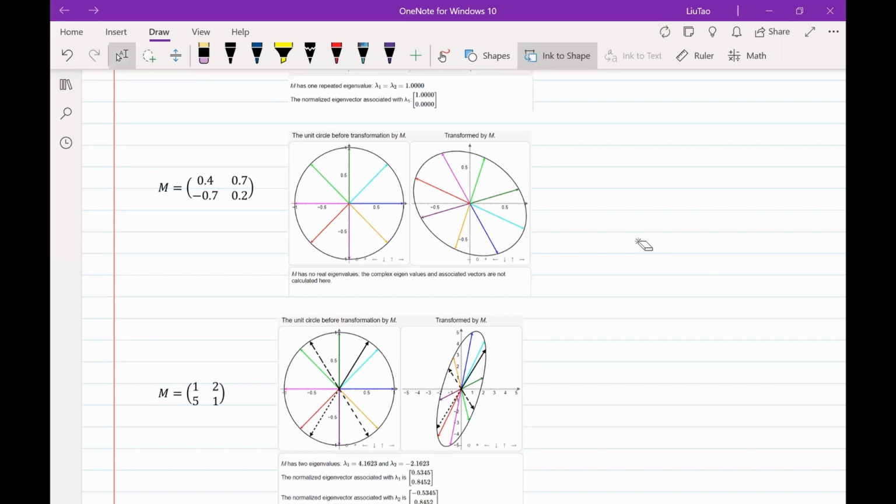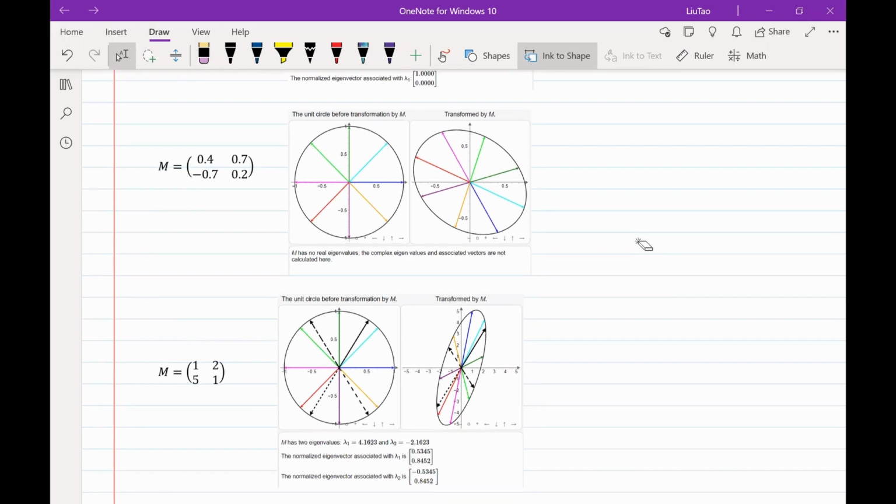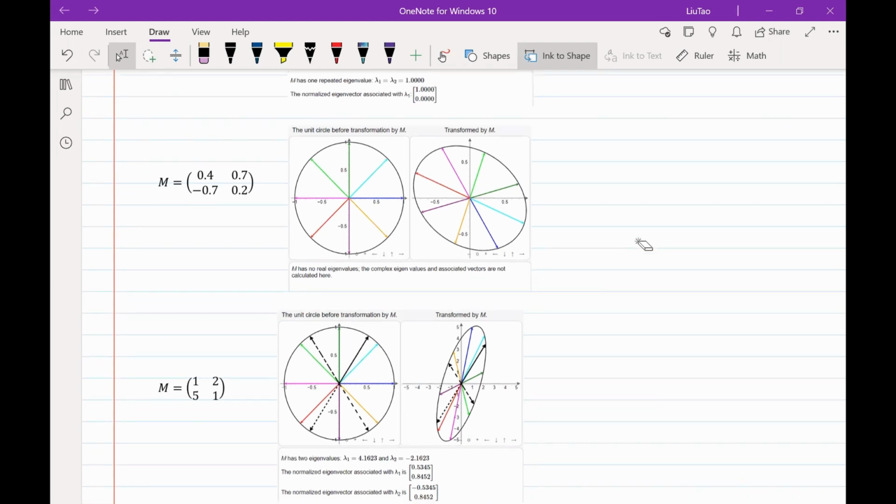Now let's take a look at another example. For this example, we have the matrix 0.4, 0.7, negative 0.7, and 0.2. We do the same thing: we map a unit circle, and after the map, we can't find any vectors that keep their direction. Why?